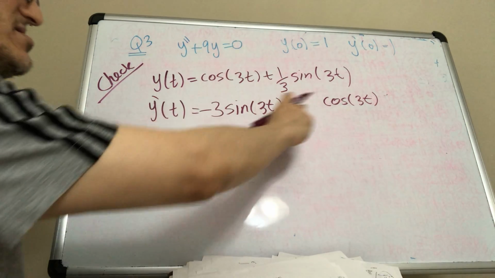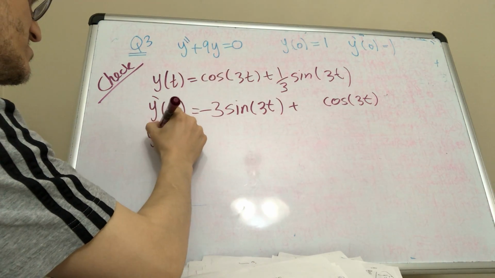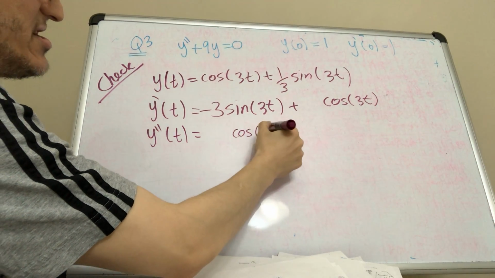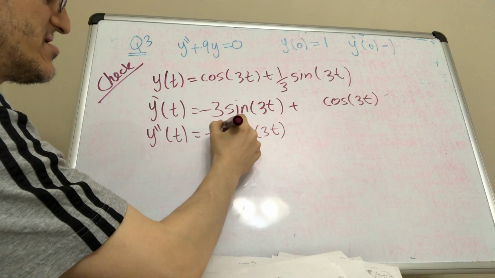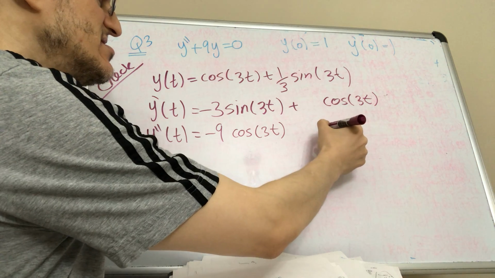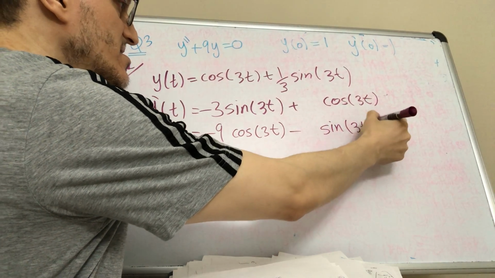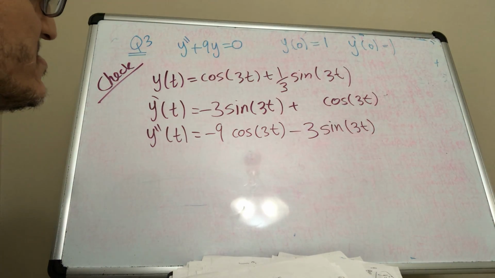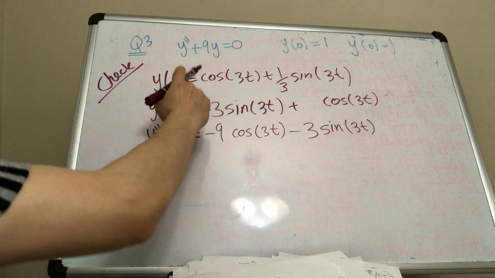So this here is the first derivative. We also need the second derivative. Derivative of sine is cosine times the derivative of the inside 3, and this is negative 3, so minus 9. Derivative of cosine is minus sine, and the derivative of the inside is 3. This here is the second derivative, and this is the function.